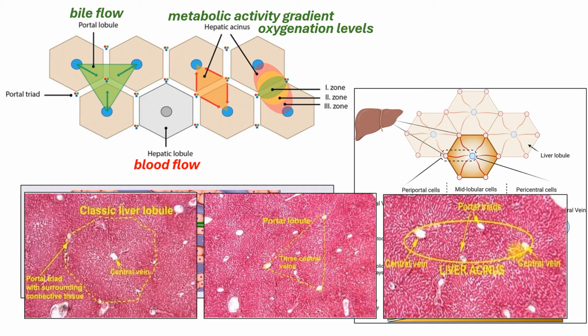And here you have the imaginary, well, the portal lobule is imaginary as well, but imaginary portal acinus, liver acinus, or hepatic acinus, wherein you would have the different zones that is going nearer the central vein and farther from the central vein or nearer the portal triad or farther from the portal triad. Okay? So again, the different zones. Zone 1, 2, and 3.